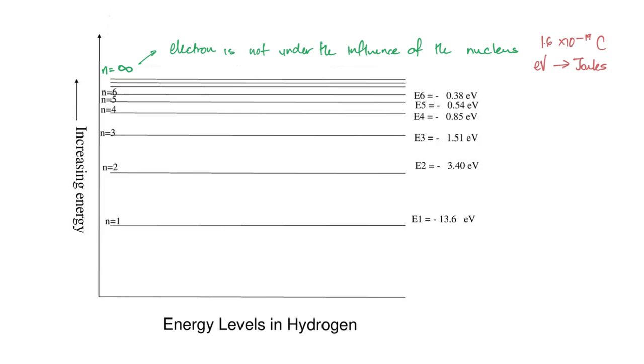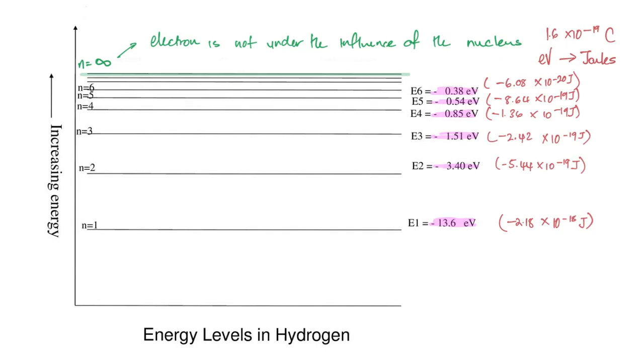So for negative 13.6, I'm just going to say negative 13.6 multiplied by 1.6 times 10 to the power of negative 19 coulombs. I suggest you do that from energy level 1 all the way up to energy level 6 quickly by yourself so that you can get that practice in. So just pause your video and do the work by yourself.